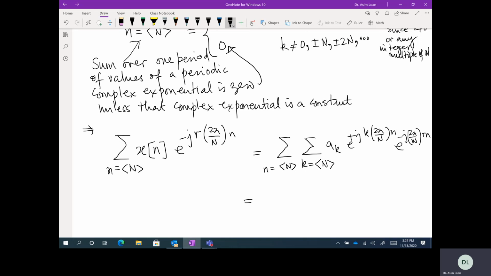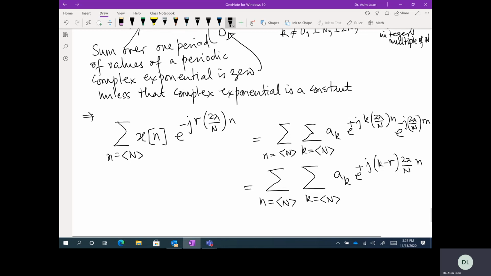This one is simply equal to the summation over n, summation of k over n values, a_k e plus j k minus r 2 pi by n n, right?